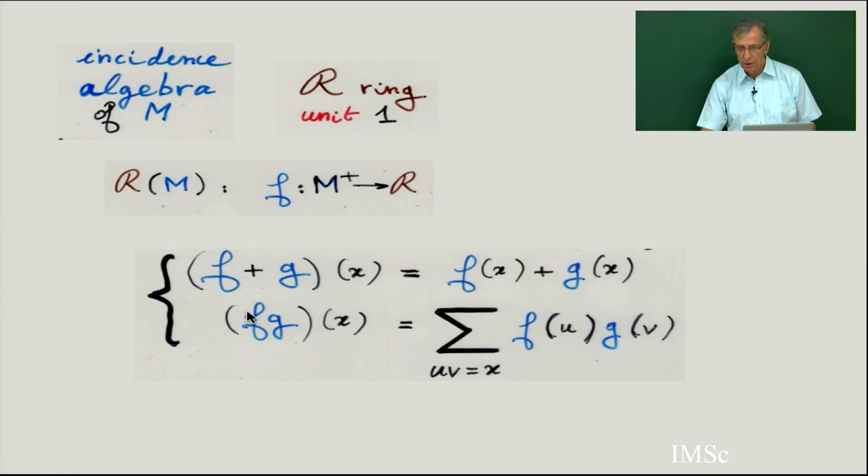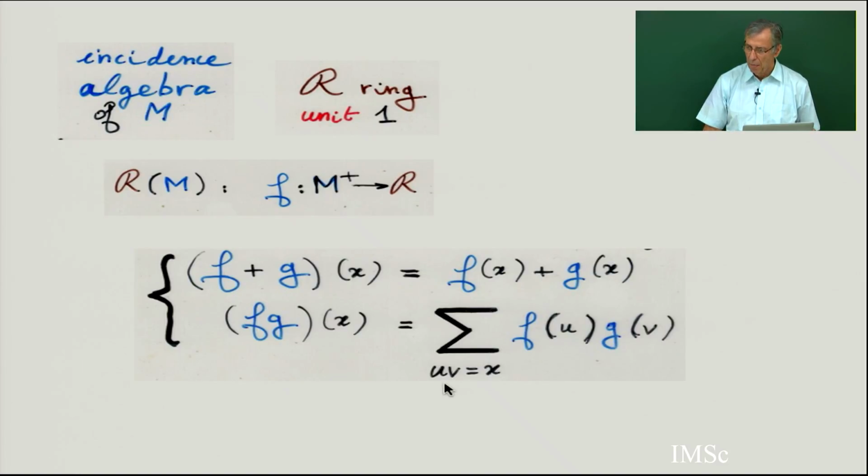Satisfying these two conditions, the sum is obvious, and the product of two functions in this incident algebra is a sum, like a convolution formula. So it's a sum of f of u g of v for all possible decomposition of x on uv, including the decomposition where u or v equal to 1.